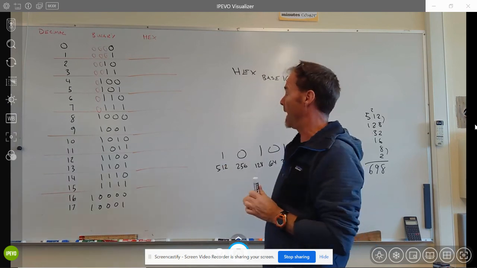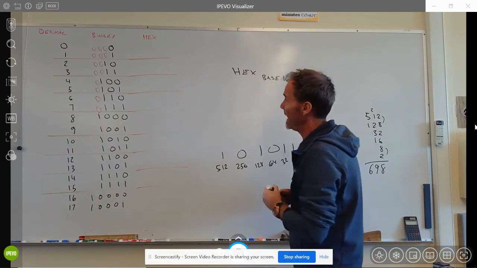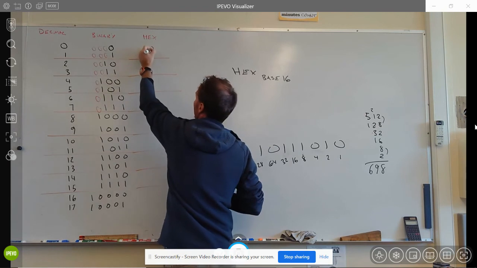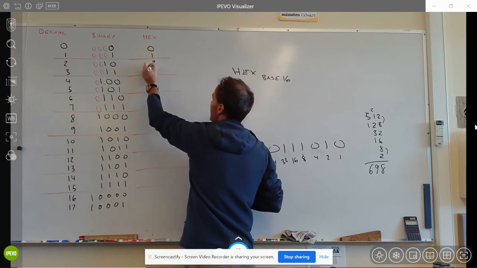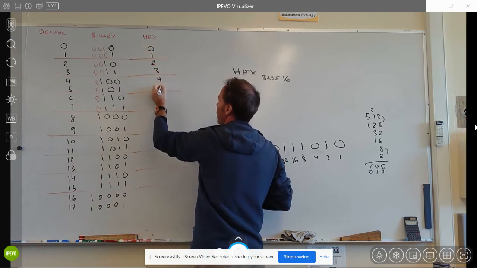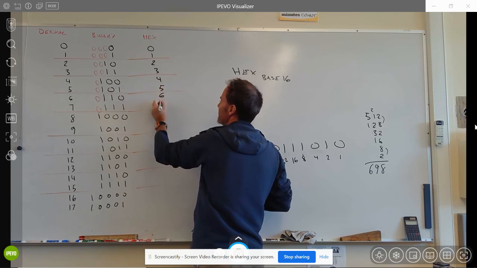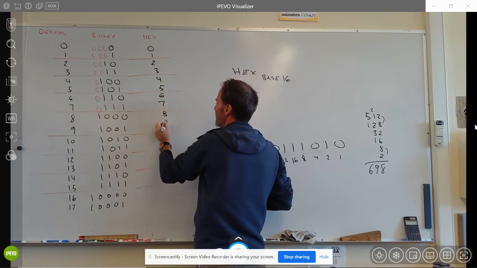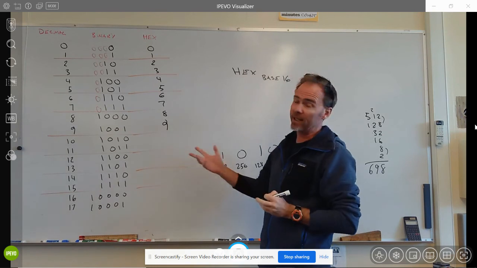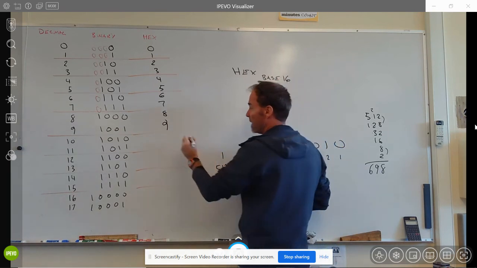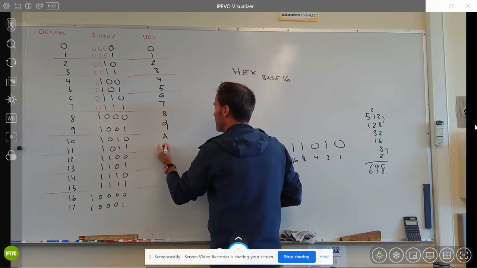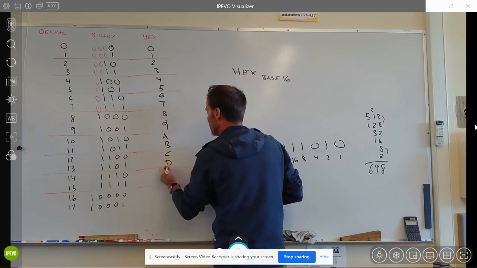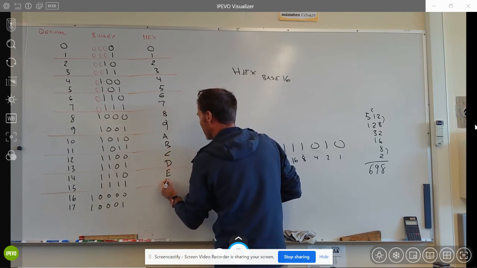Okay, so hex is pretty easy. In hex, 0 is 0, 1 is 1, 2 is 2, 3 is 3, 4 is 4, 5 is 5, 6, 7, 8, 9. Now when we get to 10, they just use the alphabet. A, B, C, D, E, F.